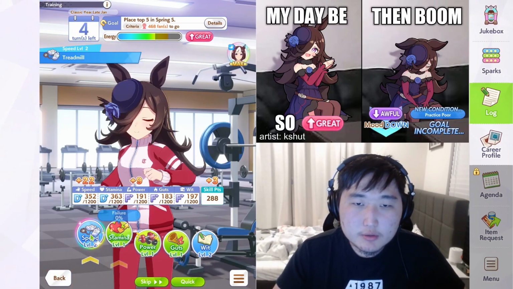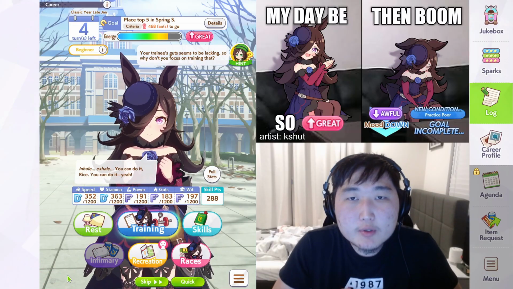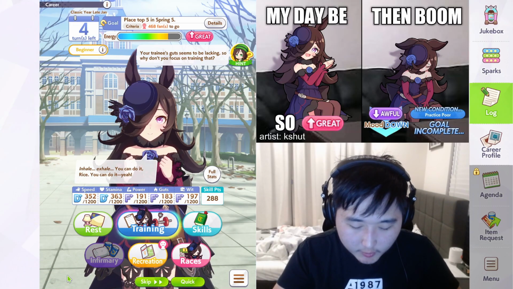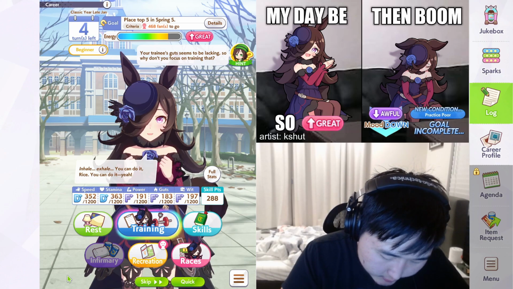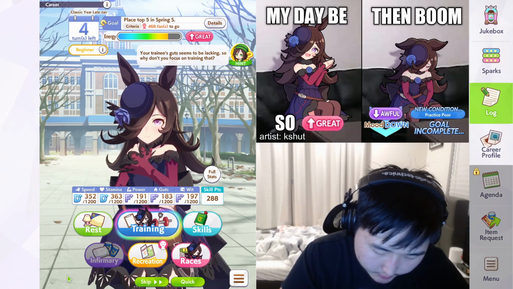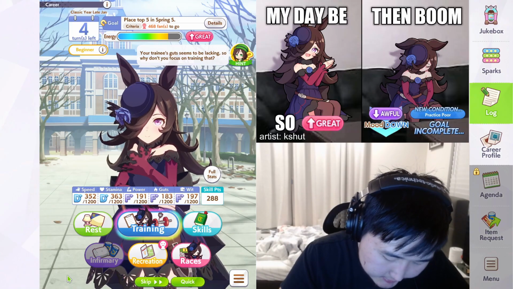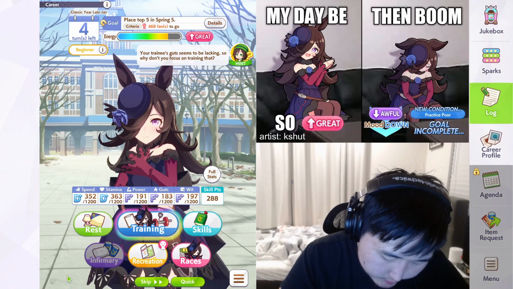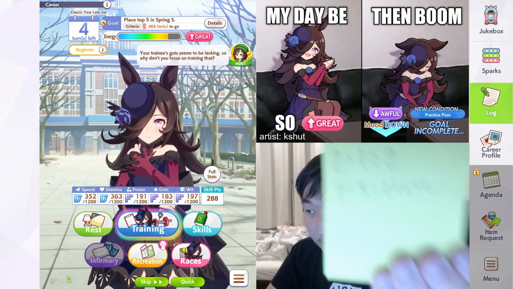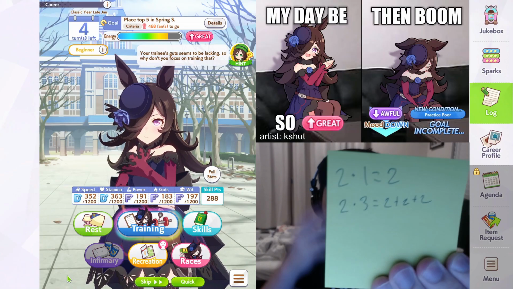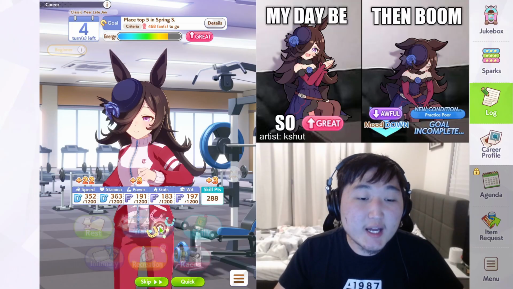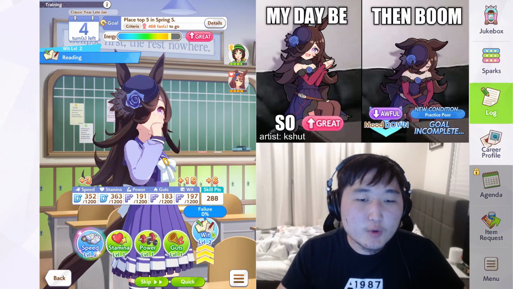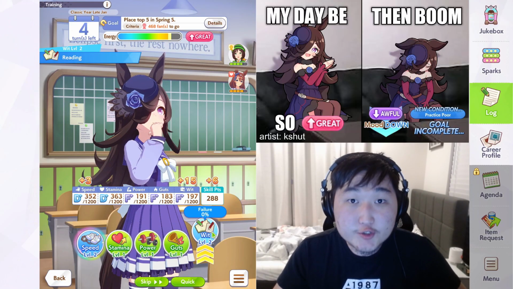When you write down a number multiplied by a number, very simply, let's say 2 multiplied by 1 is equal to 2, right? 2 multiplied by 3 is equal to 2 plus 2 plus 2. The reason why it's like that is because the number you're multiplying by tells you how many of the first number there are.